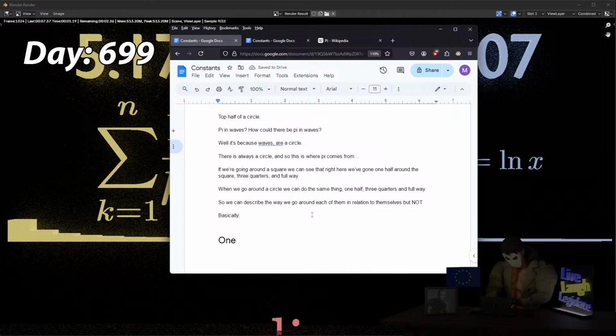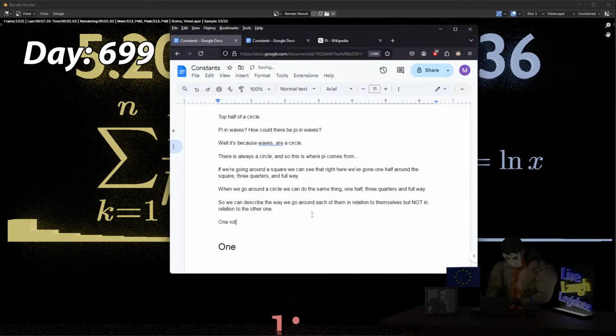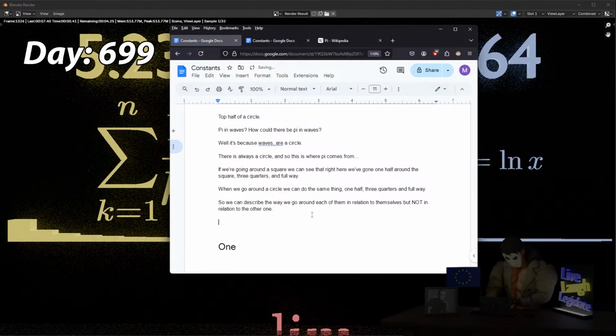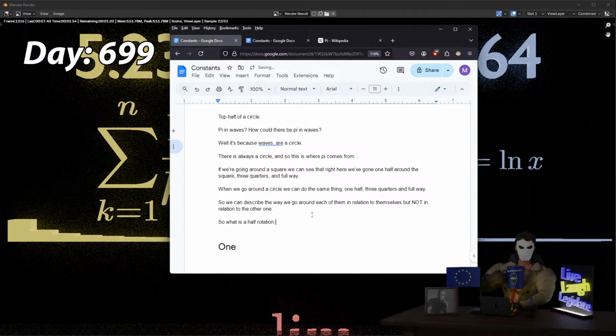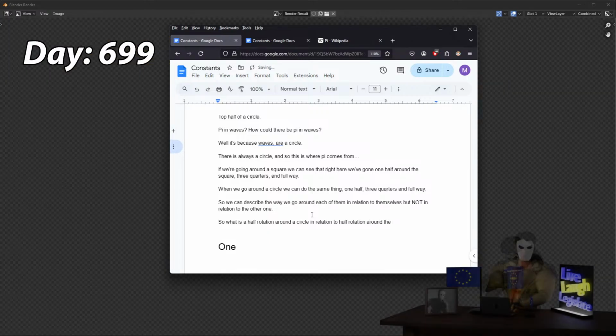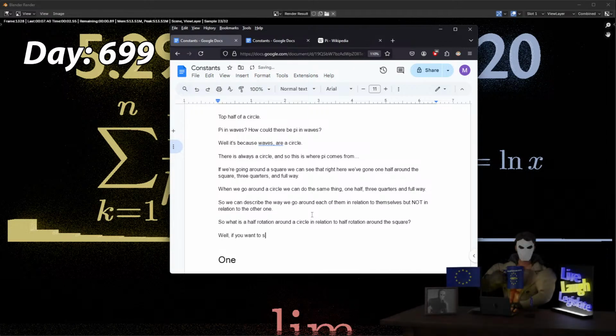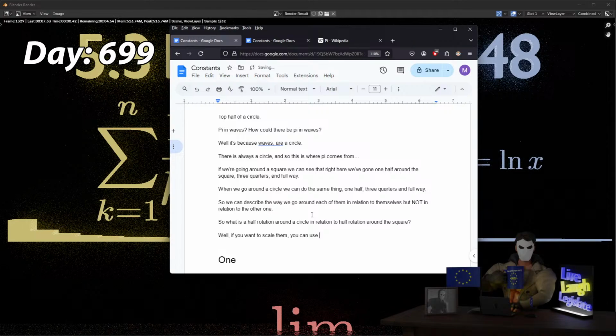But not in relation to the other one. What is a half rotation around a circle in relation to a half rotation around the square? Scale them, you can use the pi. But why?